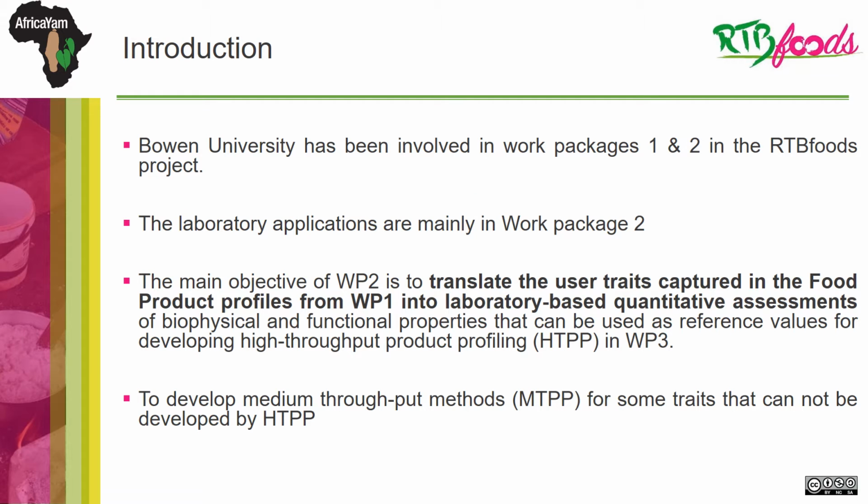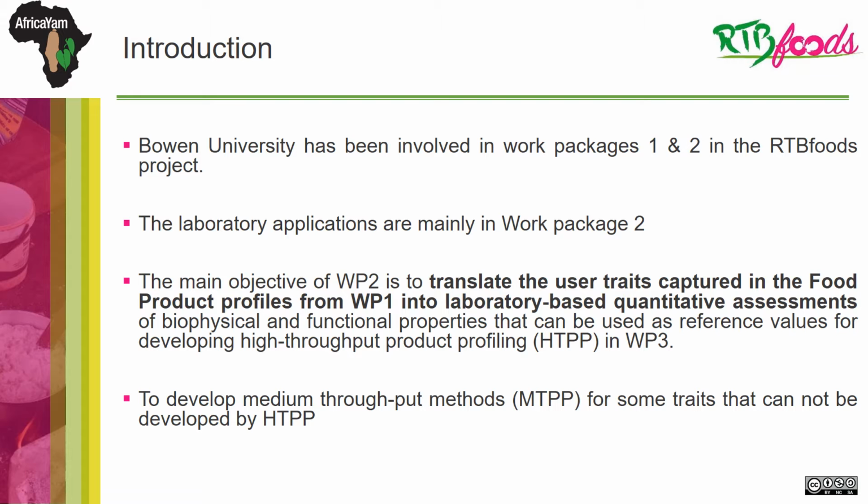Bowen University has been involved in work package 1 and 2 in the AfricaYamRTBfoods project mainly. And the laboratory works that we have carried out are mainly in work package 2.